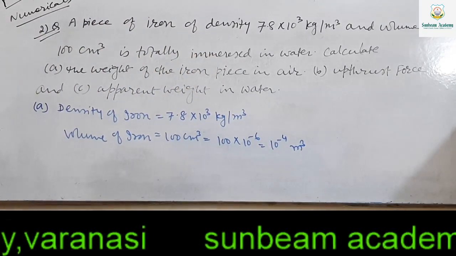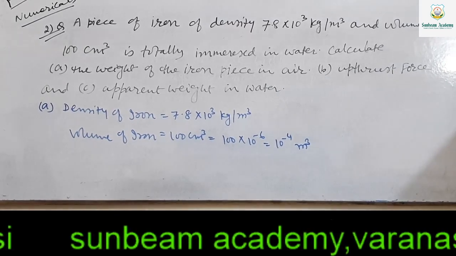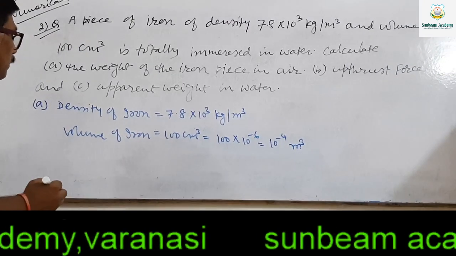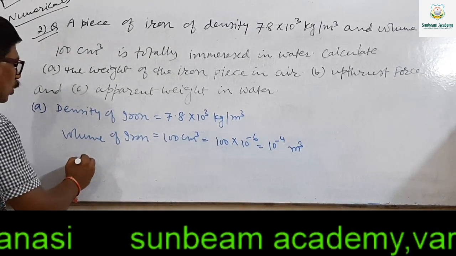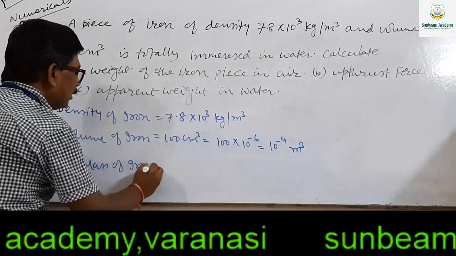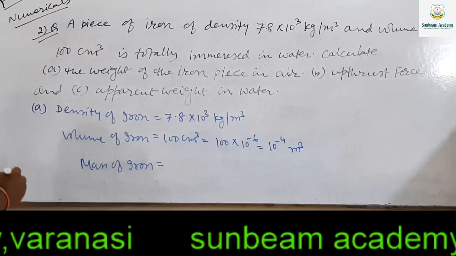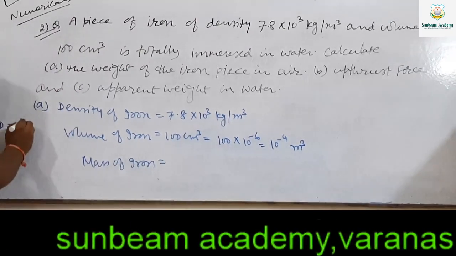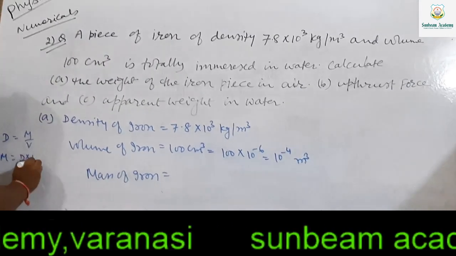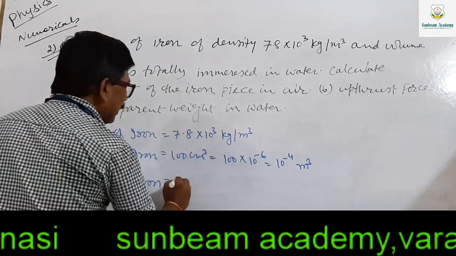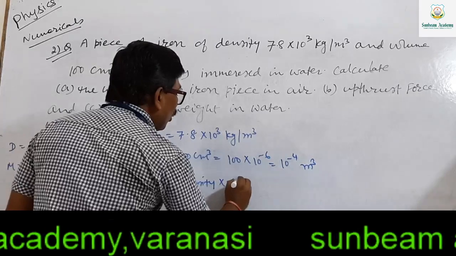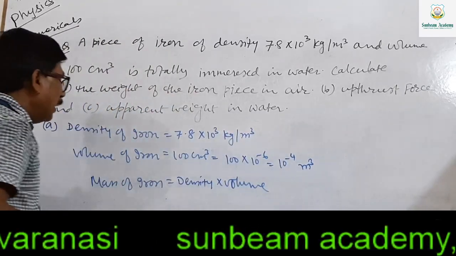Now you know that density is equal to mass by volume. So mass of iron will be how much? Since density is equal to m by v, mass equals d into v, density into volume, that will be the mass of iron.